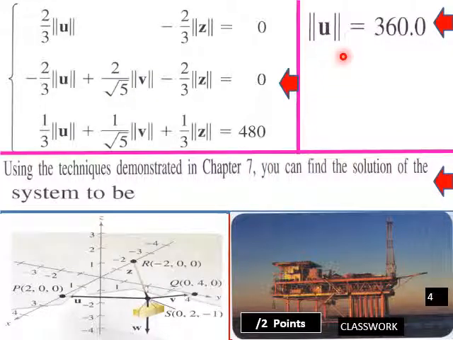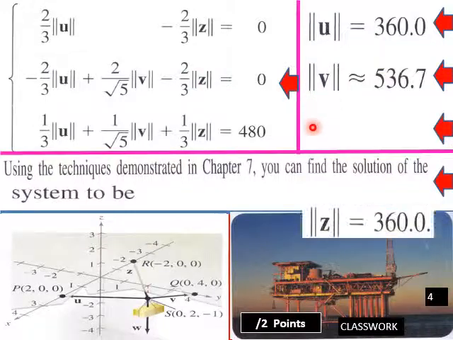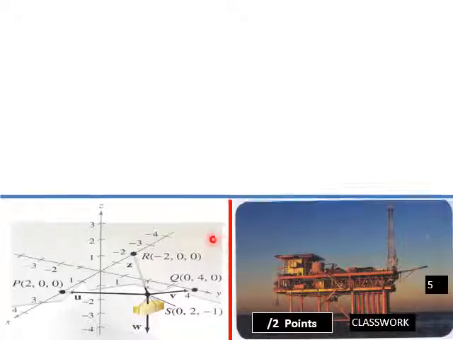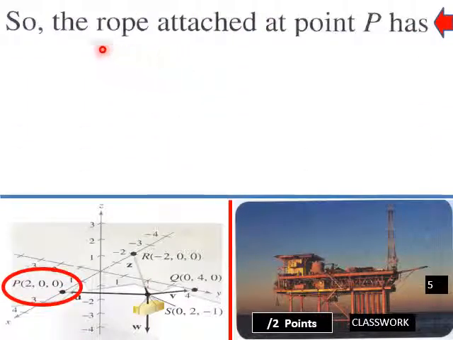In this case, U will be 360 when we plug in our values for U and V. Then V will be 536.7 for our V direction, and then for Z it'll be 360 on our Z part of our equilibrium. Okay, using matrix manipulation to get those numbers.